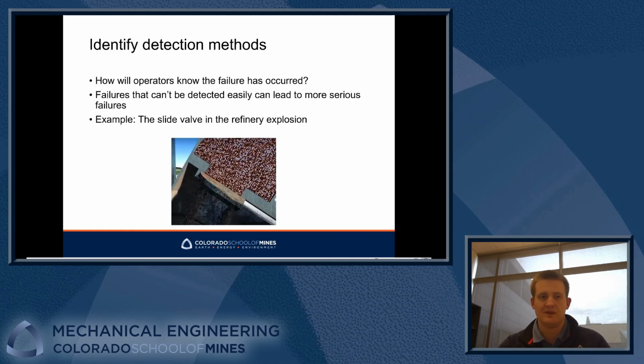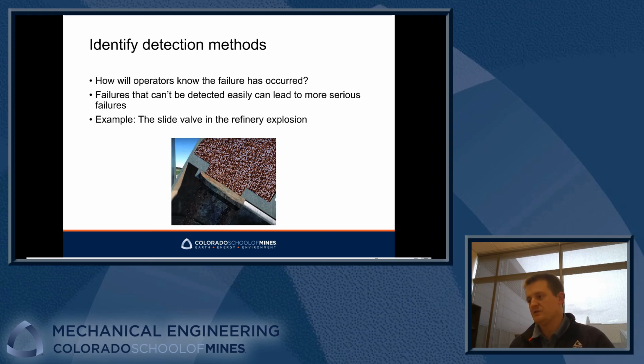All right. So once we've got our failures identified, we talk about the effects of those and identify the criticality, the severity of each of those failures. Then you can talk about how you identify that this failure has occurred. So if somebody's operating your system, is this failure going to be obvious to them, right? Failures that we can't detect easily can lead to more severe problems. We saw this in the video with the slide valve that was eroded.